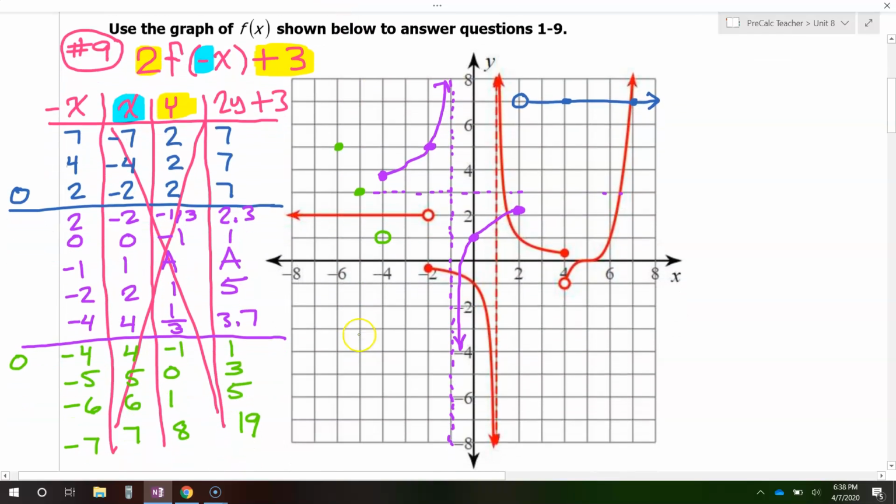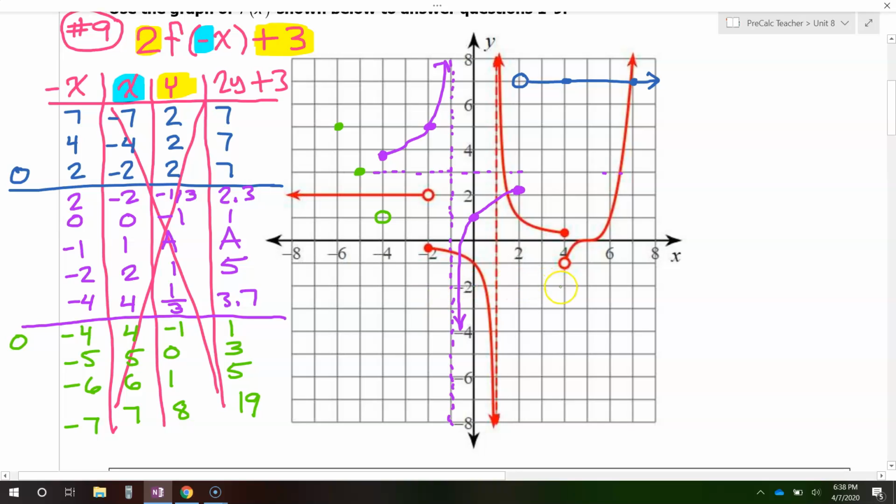Now, remember that the point that was 5 comma 0 was the inflection point where it curves from being down to up. Now that point is right here.